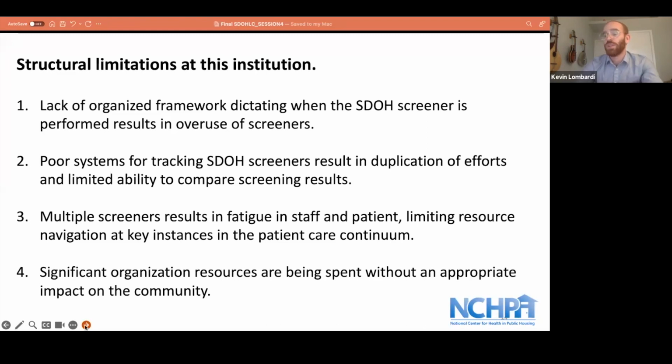So some structural limitations that I think are worth emphasizing is one, a lack of organized framework dictating when the SDOH screener is performed results in overuse of screeners. When a screener is instituted, having firm policies of when it's used, how the data is used, and how the data is collected and managed is extremely important and a constituent element of doing this responsibly.